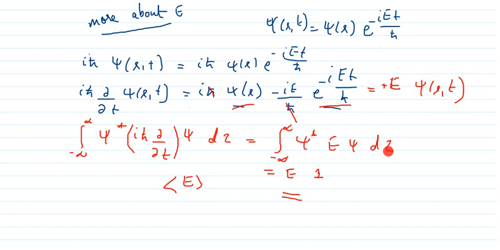That is the definition you have learned in the mathematical formalism. So E into 1 means the constant we had taken is actually the expectation value of the energy operator.